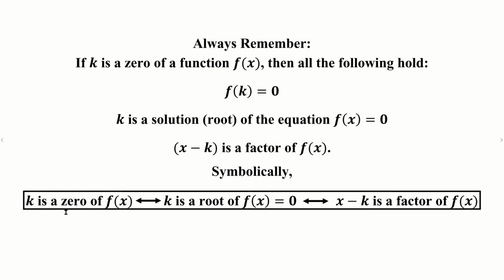Symbolically, we say k is a 0 of f of x if and only if k is a root of f of x equals 0, if and only if x minus k is a factor of f of x. These three statements are basically equivalent. As soon as you know that you have one of these three facts, you should know that you have all three of them. That's what that means.